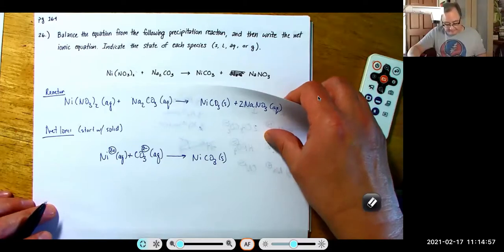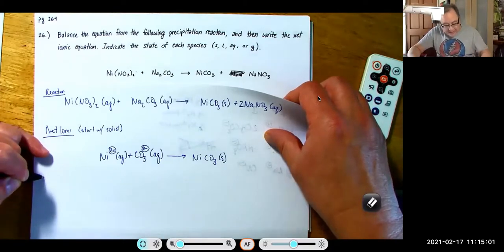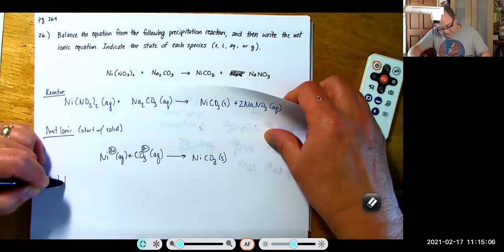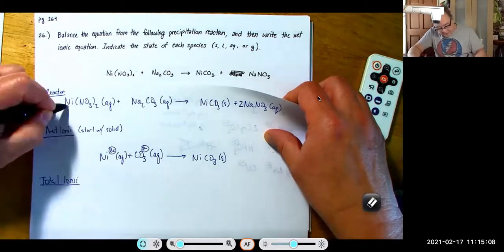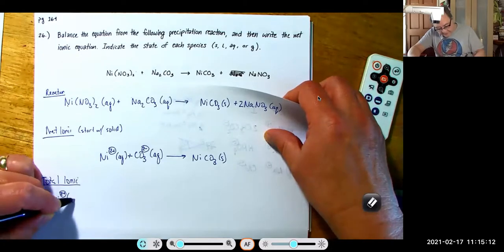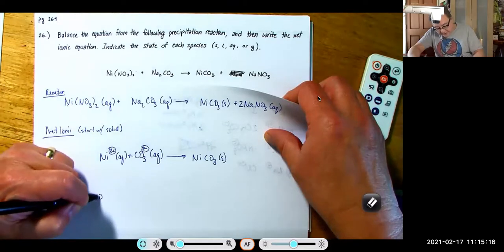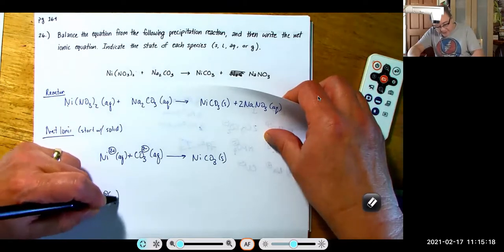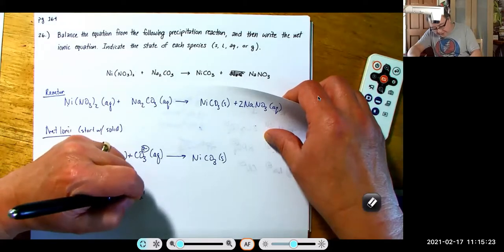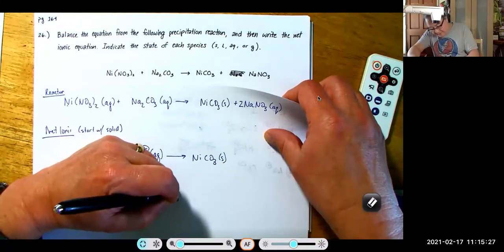Absolutely. Okay. And if you want to write out the total ionic, not the net ionic, you would take this and you would write nickel 2 plus aqueous plus 2 nitrates aqueous plus 2 sodiums aqueous plus 1 carbonate aqueous.